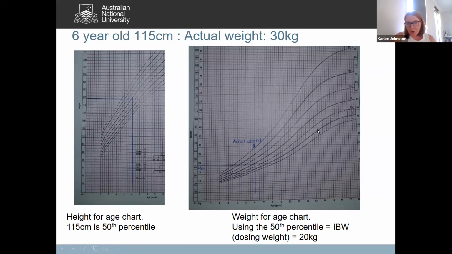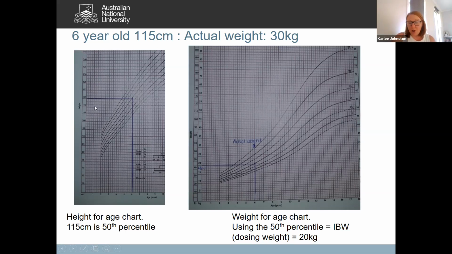And then I go to a weight chart and I go to the 50th percentile. I follow the 50th percentile down till I find 6-year-old, or conversely, I go to the 6-year-old age and go up and find the 50th percentile because that's what she was for height. Then I follow that across, and you can see here that her ideal body weight is 20 kilos, whereas her actual body weight is on the 97th percentile.